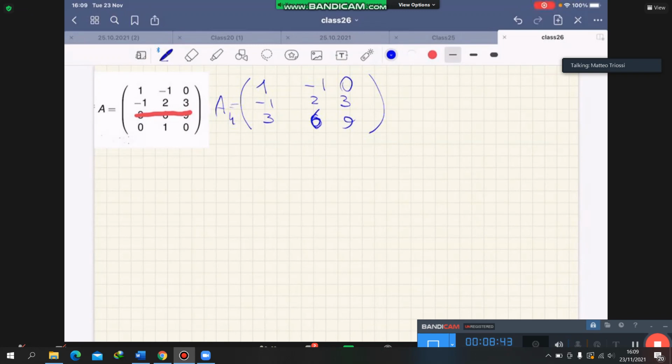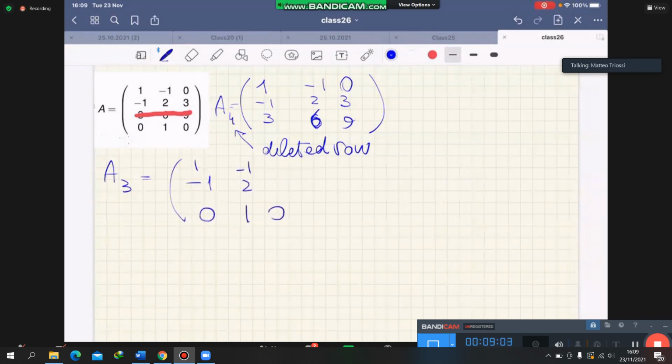So A3 here is the matrix obtained by deleting the third row. A3 is 1, minus 1, 0, minus 1, 2, 1, 0, 3, 0.